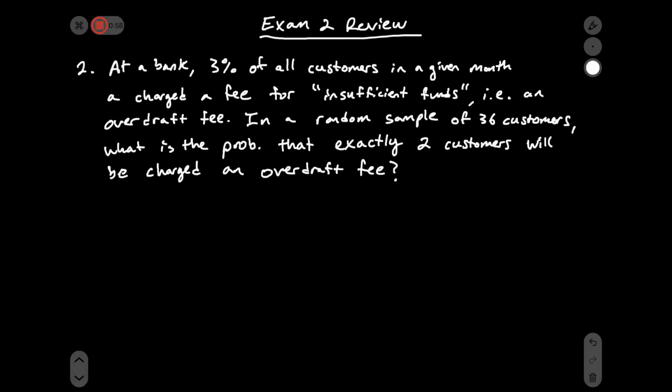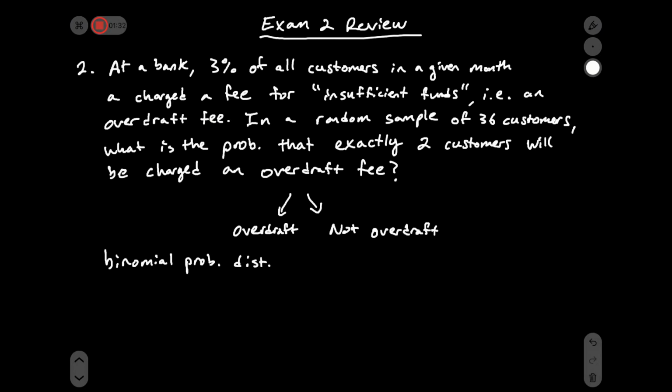Anytime we're dealing with the probability of success or failure, where there are only 2 options, somebody could overdraft their account or not. Think for a moment what type of probability distribution we'd be working with here. If you answered the binomial probability distribution, then you are correct.